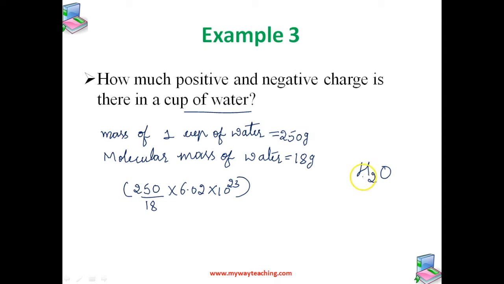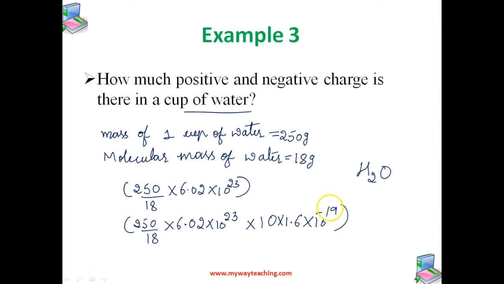Yes, it has the same magnitude, and that is equal to 250 by 18 into 6.02 into 10 raised to 23, into 10, into the charge 1.6 into 10 raised to minus 19, which is equal to 1.34 into 10 raised to 7 coulomb. Okay.